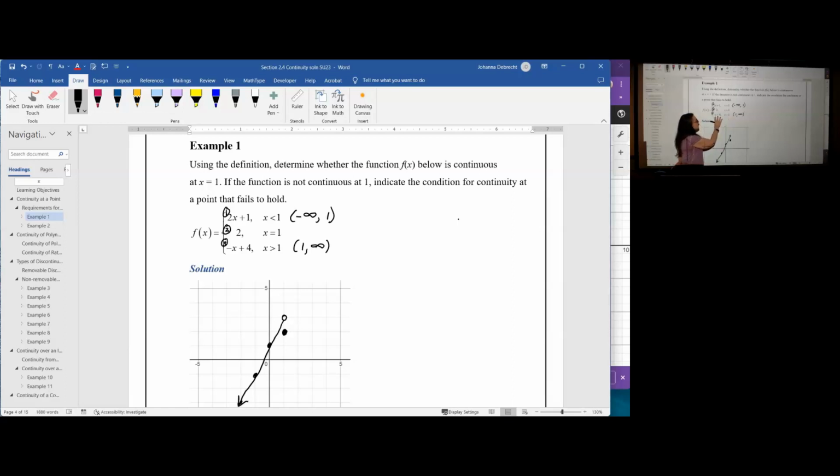Substituting 1, I get negative 1 plus 4, which is again 3, which means I just have another hole up here. And then I can graph the rest of it, but only from 1 to infinity, not including 1. So the slope of this line is negative 1. So I come down 1, right 1, down 1, right 1, etc. This time maybe I should use my straight edge.